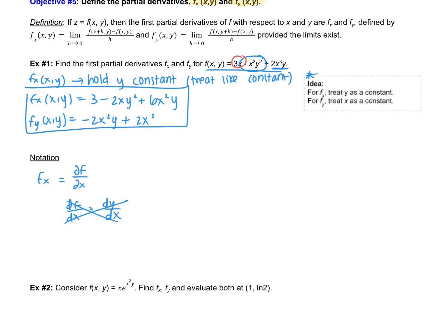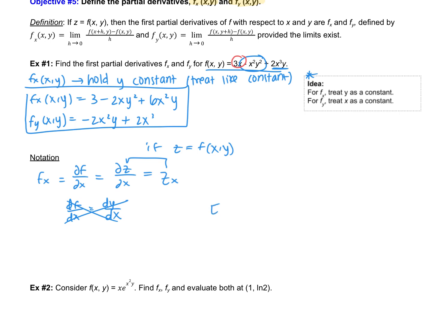That's not the same. That little delta tells us it's a partial derivative. Or it might be in terms of z, if your function is defined in terms of z. Or like this. So these two both only apply if z is equal to some function in terms of x and y.